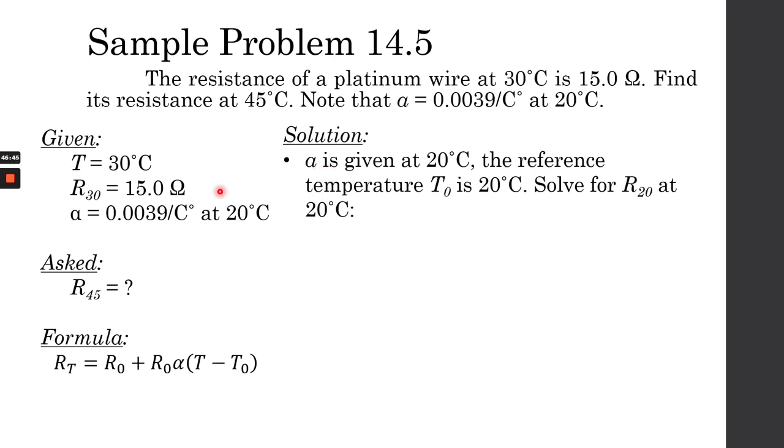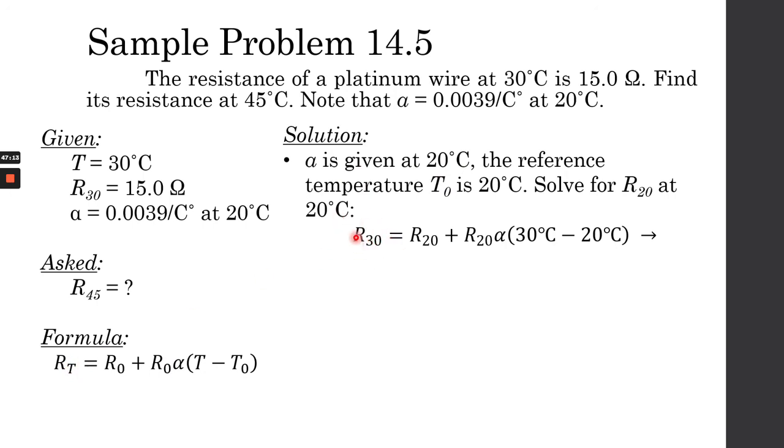Solution: our coefficient of resistance is given at 20 degrees Celsius. Therefore, we have to use this first as our reference temperature, T sub 0, and first solve for R20. Before we get the resistance at 45 degrees Celsius, we have to get the resistance at 20 degrees Celsius, since the alpha is given at that temperature. To solve for this, we just substitute.